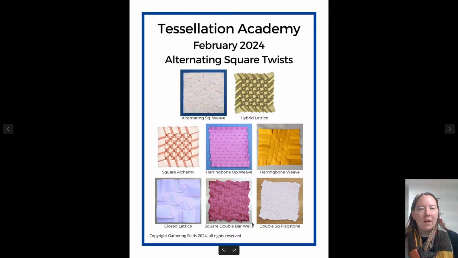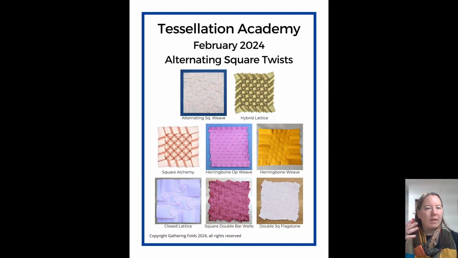And you can see these are the cover pages of the PDFs that you get each month. Each of these pictures is a crease pattern in the membership. The top 2 are the ones with tutorials.